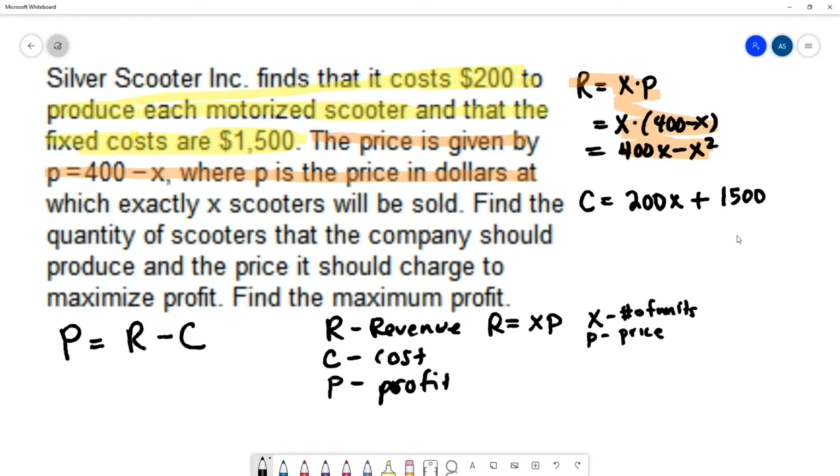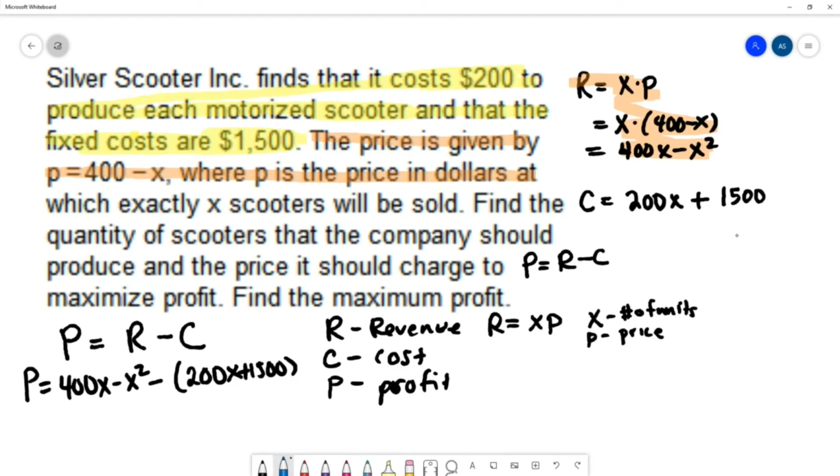Now with this information, we can get the profit. Profit is revenue minus cost. Let's do it down here. Profit is revenue, which is 400X minus X squared, minus cost, so minus 200X plus 1,500. I'm going to distribute that minus.